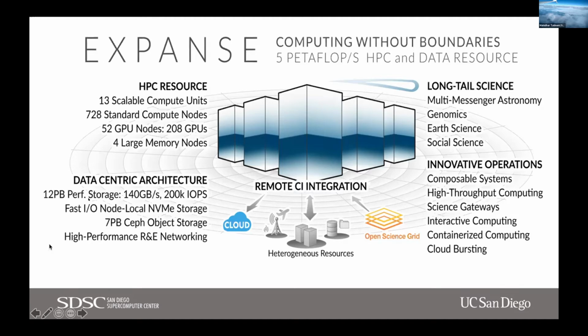And then we had 12 petabytes of Lustre storage, and we're going to bring up a Ceph-based storage also a little bit later. And it really builds on Comet, which was aimed at the long tail science with lots of various application areas, pretty diverse application areas. And we've added a few tweaks in terms of operational innovations, like looking into cloud bursting and also looking into composable systems.